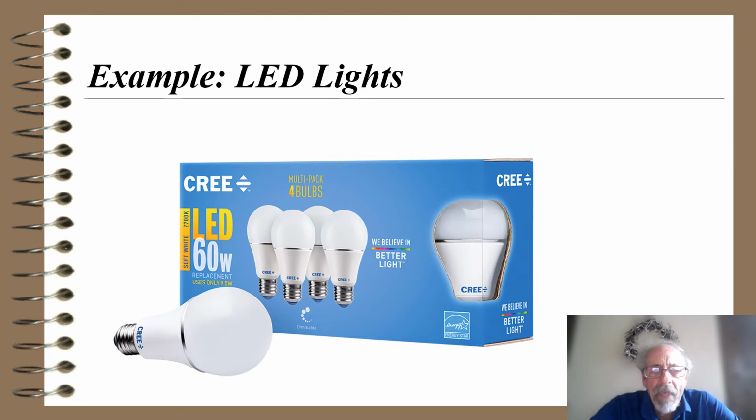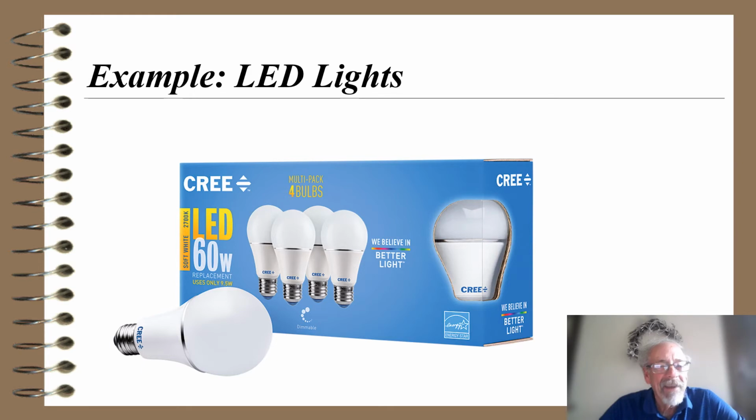Here are some LED lights, and the LED lights plug into AC power, but the AC power is converted to DC, and then the LEDs inside that bulb fixture luminesce, and it turns out that these LED lights are extremely more efficient than incandescent light bulbs, and even the swirly ones, whatever you want to call them.